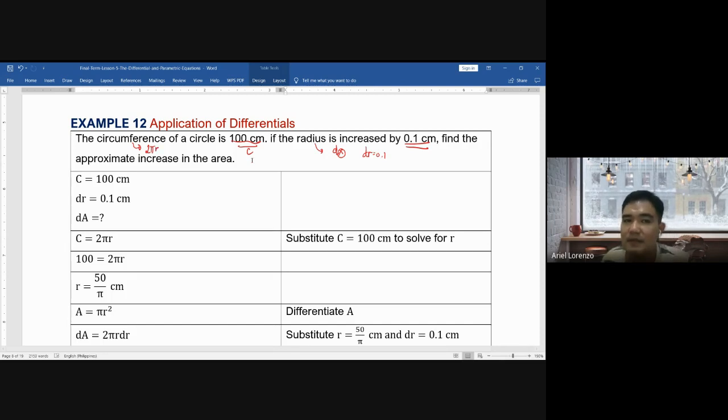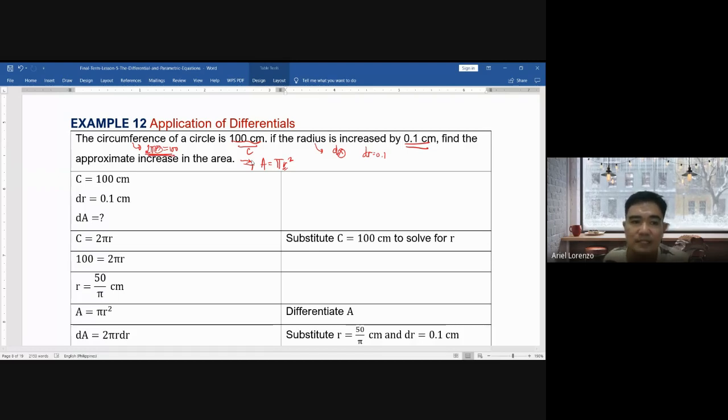Circumference is the perimeter of a circle, and the formula for that is 2 pi r, and that is equal to your 100. Find the approximate increase in the area. So, ibang area sa circumference. Ano ang area? That is pi r squared. Nakuha? Now, ang given is circumference and dr ang given. We don't have r, but the circumference is given. So, we can solve for your r using this formula.